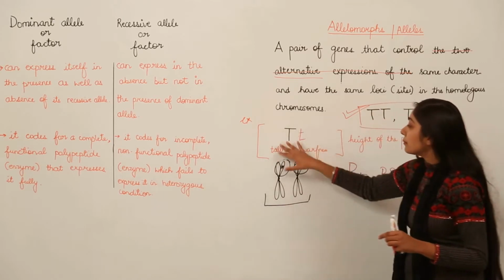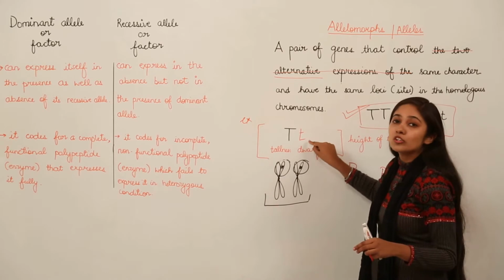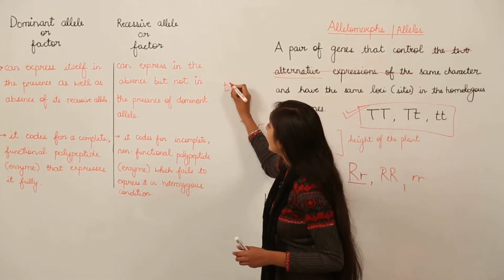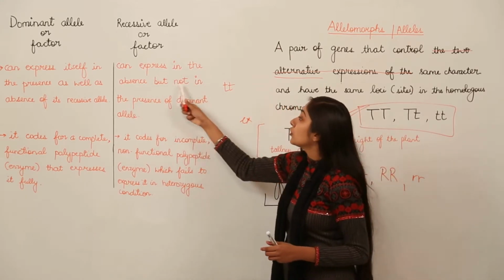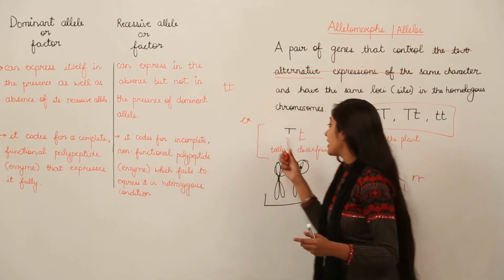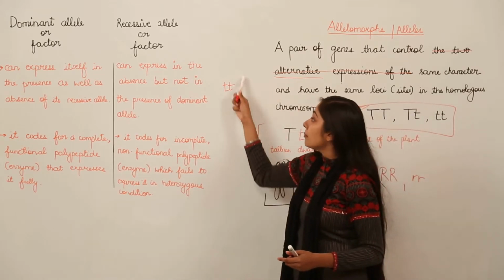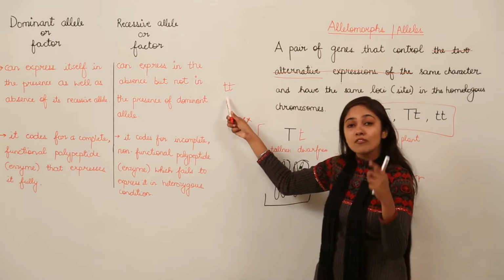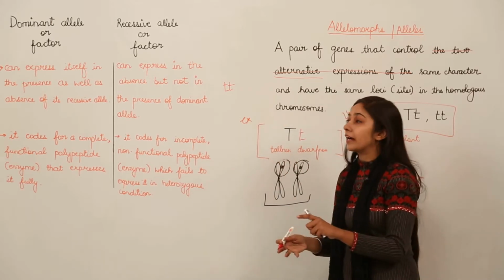Okay, so remember that if this allelic pair is there, the recessive allele is not going to express. It can only express when we have a pair like this. So it can express in the absence but not in the presence of dominant allele. If dominant allele is present, it is not going to express itself. But if the dominant allele is absent, this is going to be expressed. Meaning now we will have a plant which has short height, a short height plant.